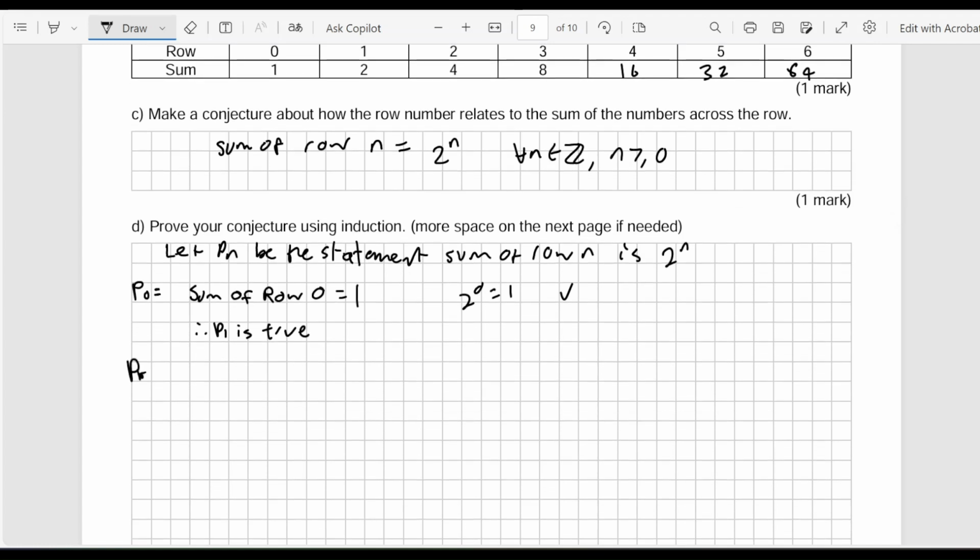Now P_k. All right, now I'm going to be very careful about my notation here. Let row k be these numbers: a_0, a_1, a_2, a_(k-1), all the way up to a_k.